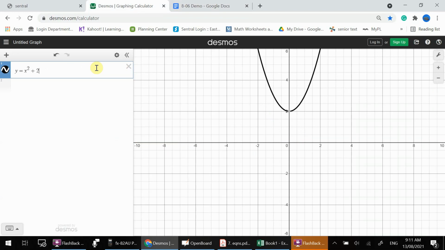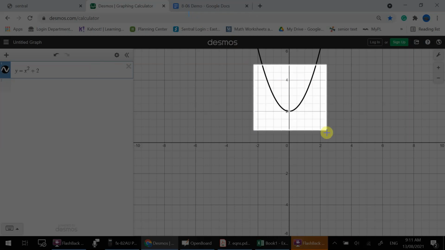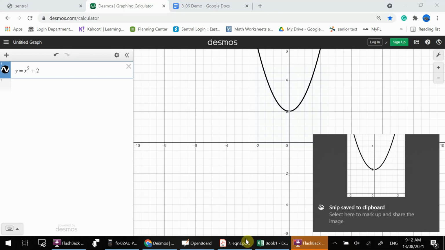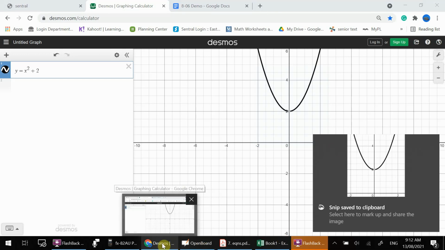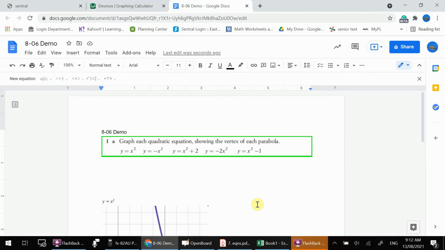So you just shift, the Windows and S, and click on that one. There it is. That's all you need. And then you take it back to the Google Doc and paste it in. So that's how you do those ones there.